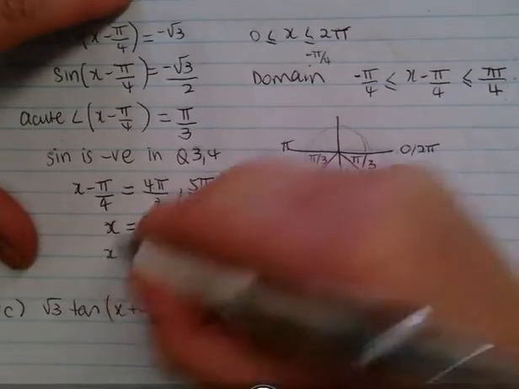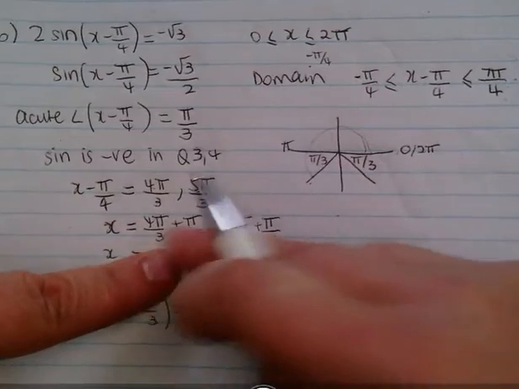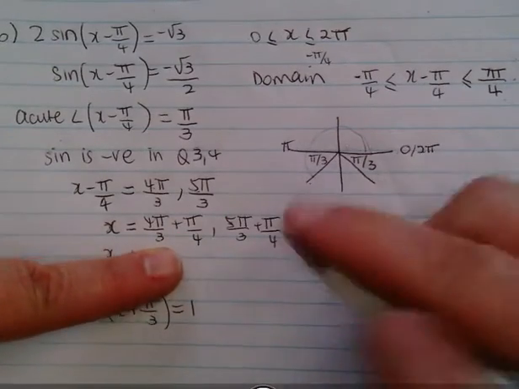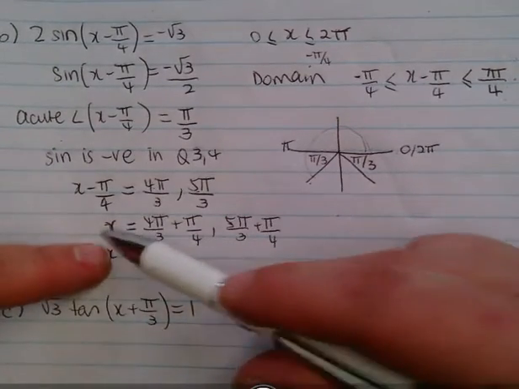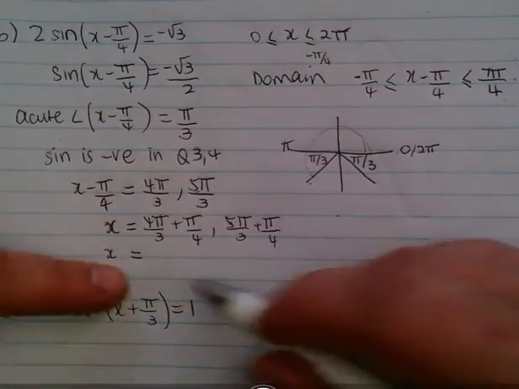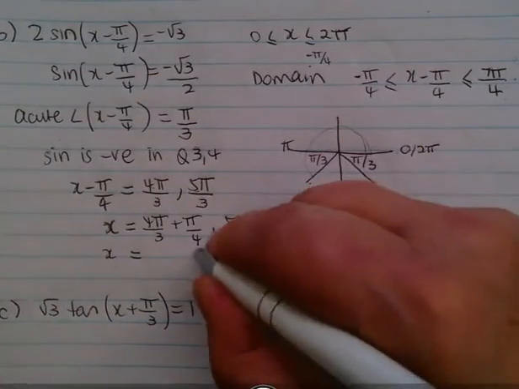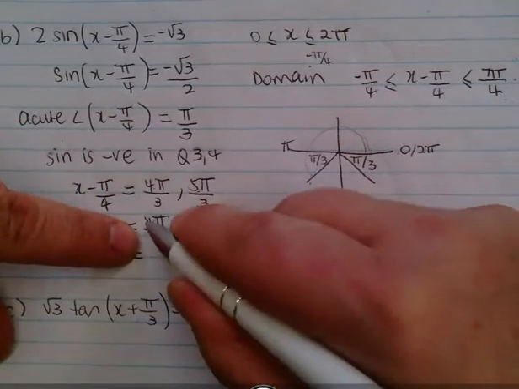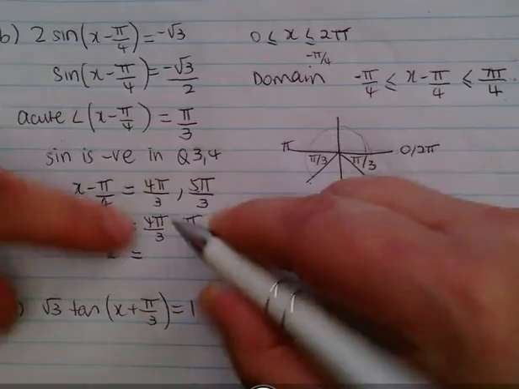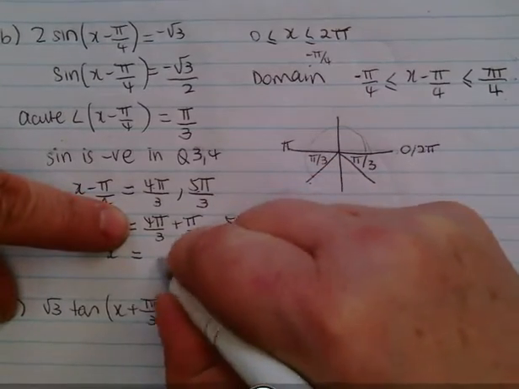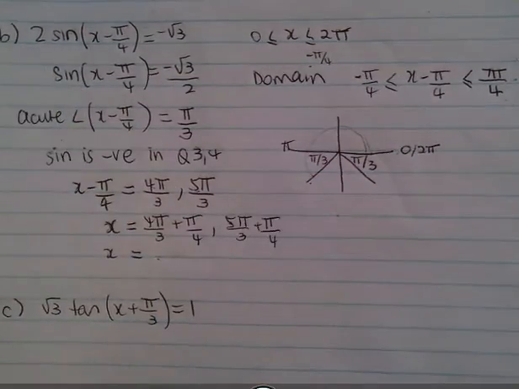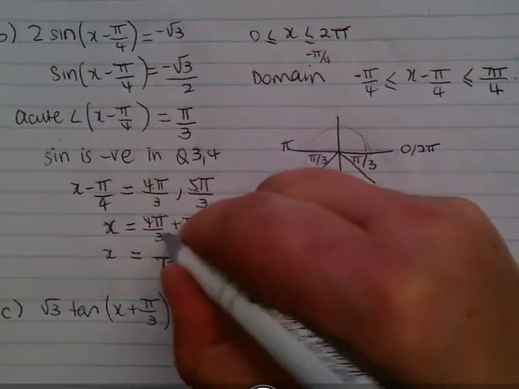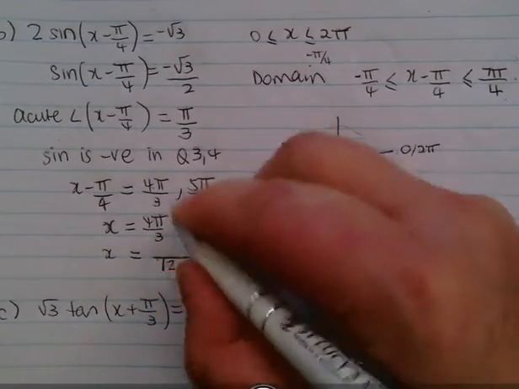But what you can do is, if you find that one of these is not between 0 and 2 pi, once you get to the end of your working, x must be between 0 and 2 pi, and that's the ultimate check at the end. So here I've got adding these, so that's 4 over 3 plus 1/4. If you go common denominator, the denominator is going to be 12, and you're going to get 16 plus 3.